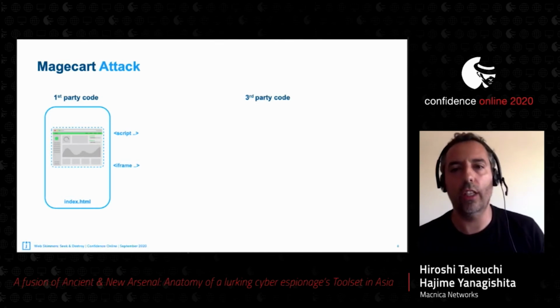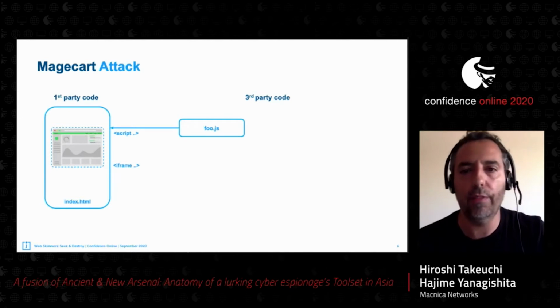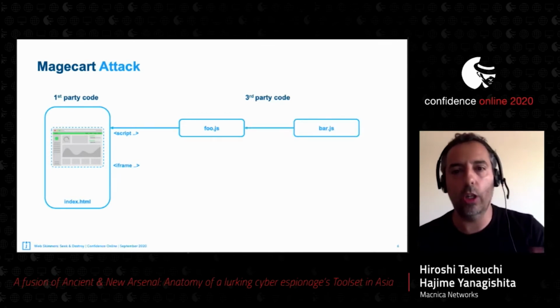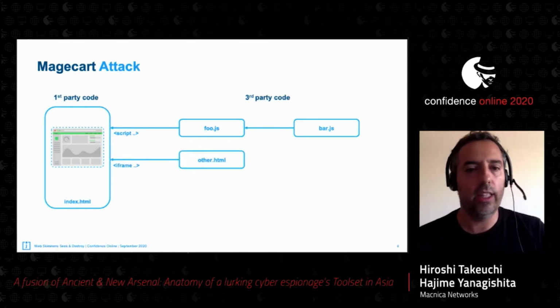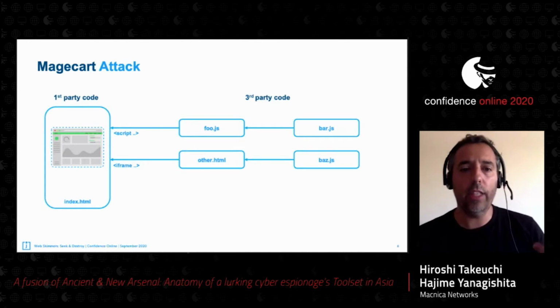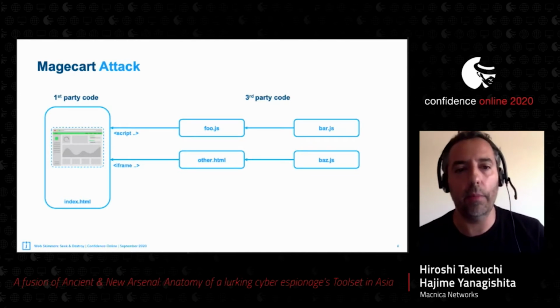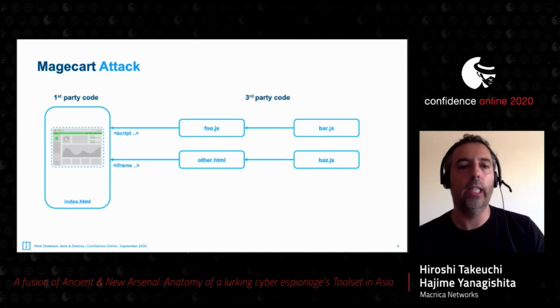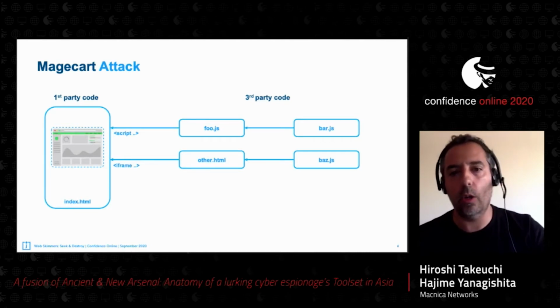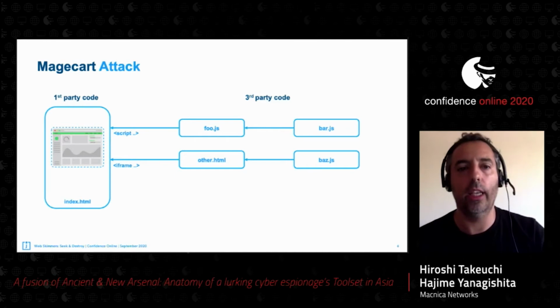Third-party code is usually loaded dynamically from a third-party server. That code can load more code dynamically. You can have iframes, and those iframes can load extra code. So all of this code will end up in the same executing context, the browser, and will be able to fully view the DOM and all the other JavaScript code running in there.